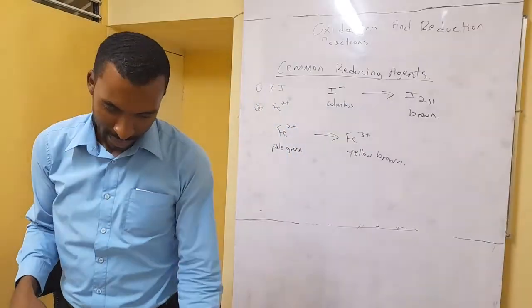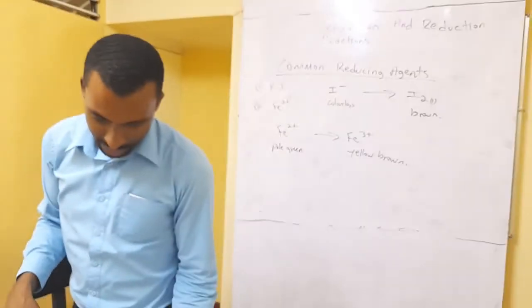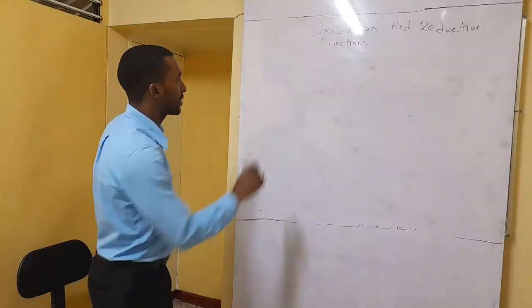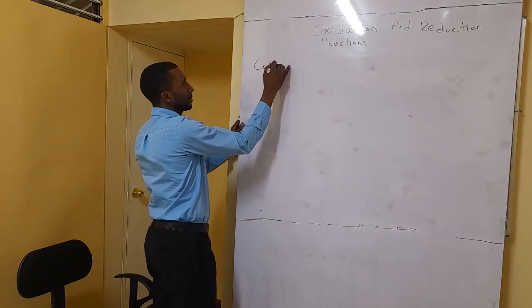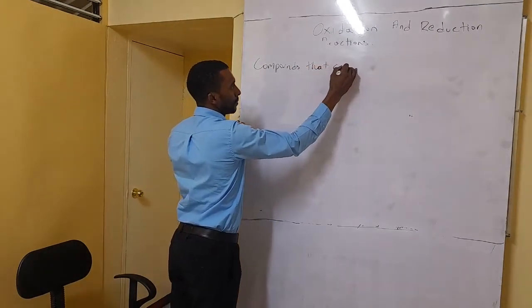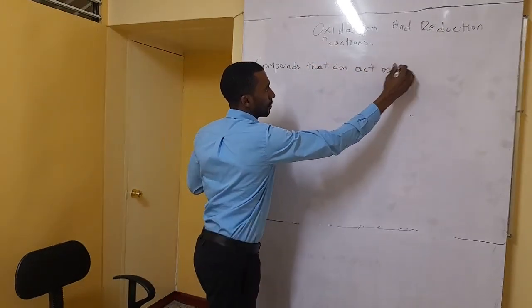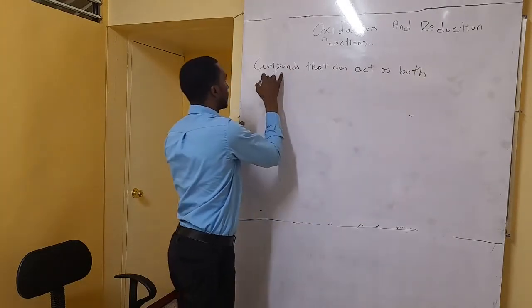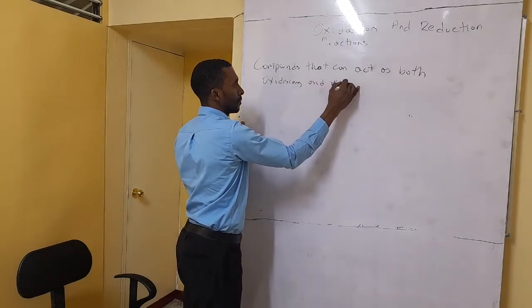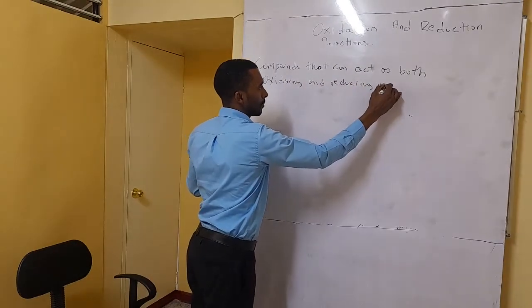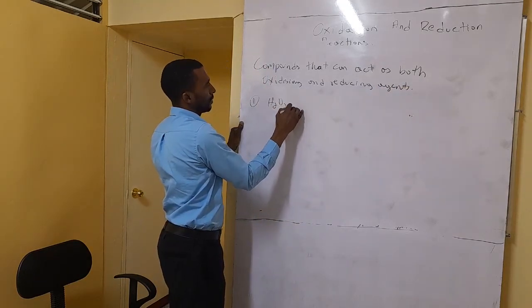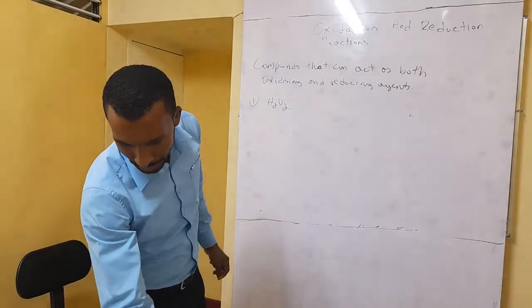And then compounds that can act both as oxidizing and reducing agent. Here I have compounds: hydrogen peroxide, right?